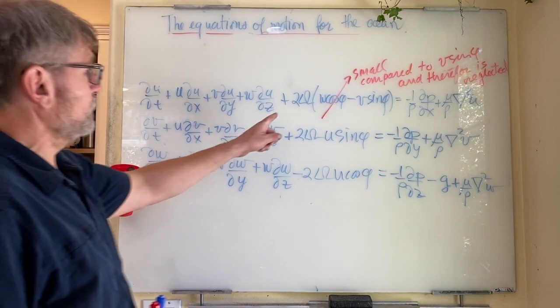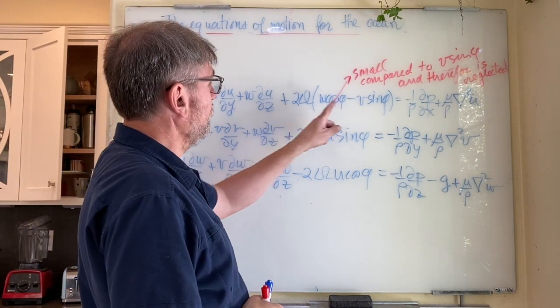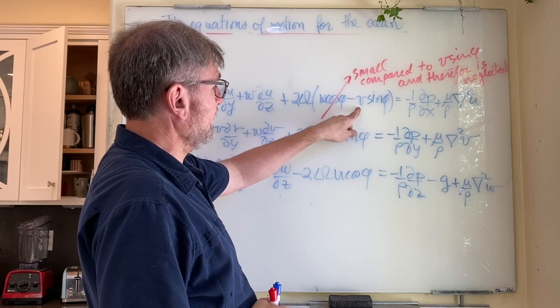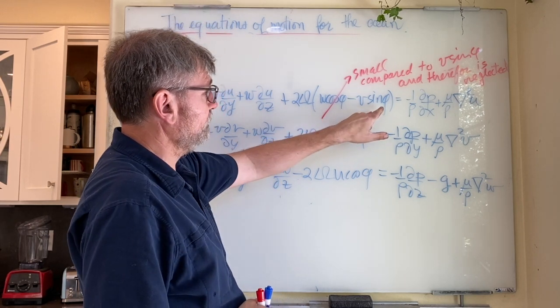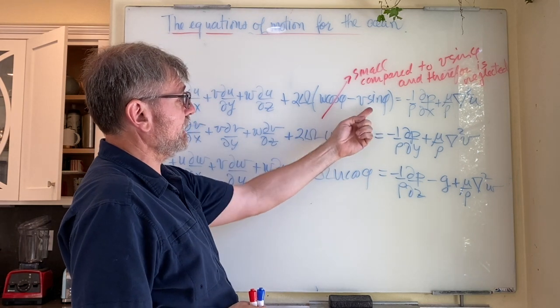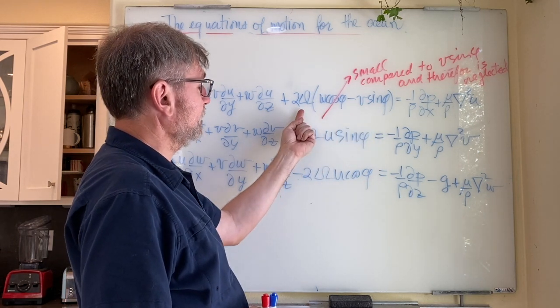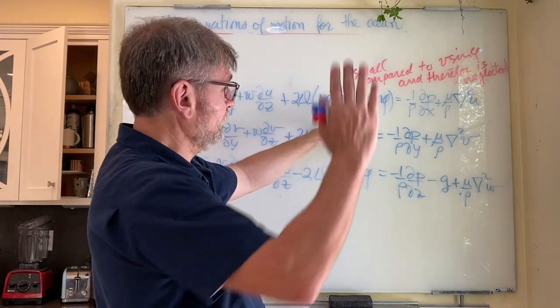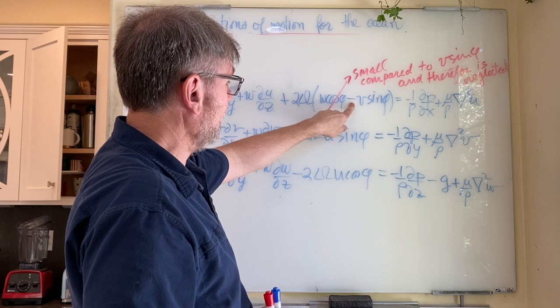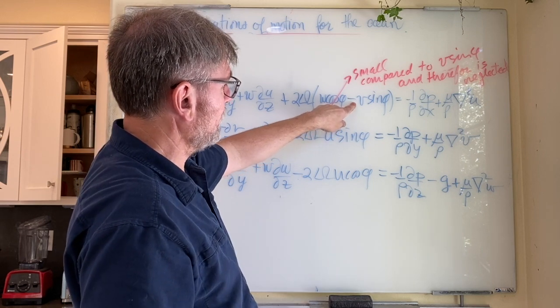So what we're left with is minus 2 omega sine phi times v. So 2 omega sine phi, if we're in the northern hemisphere, sine phi is going to be positive. If v is positive, suppose that we have a northward velocity, then this would be minus some positive number.